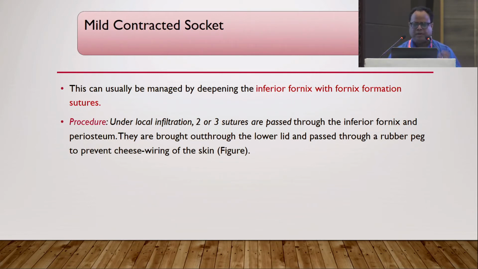So we need an assessment: suppose we want to go for a dermofat graft, at what age, and how much implant we will use, because the orbit grows only up to 6 or 7 years, and parents do not want to wait because preschool is another issue.